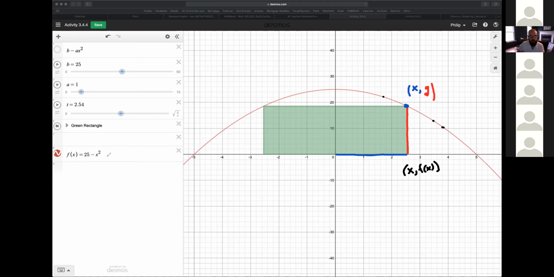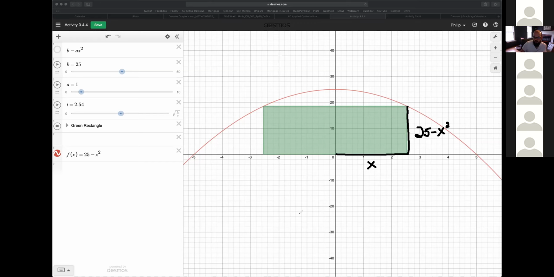So I plug it back into my function. If I clear this out, this has to be x, that'll be my x coordinate, and then whatever my height is going to be, this is going to be 25 minus x squared.